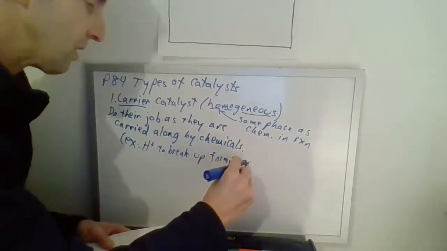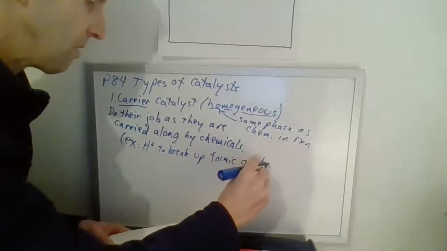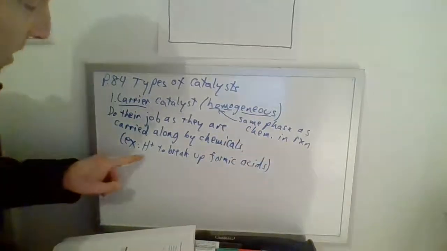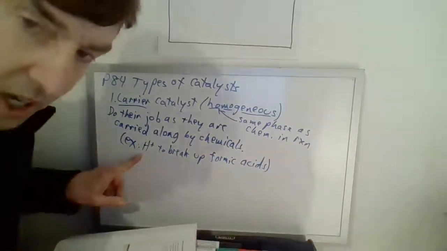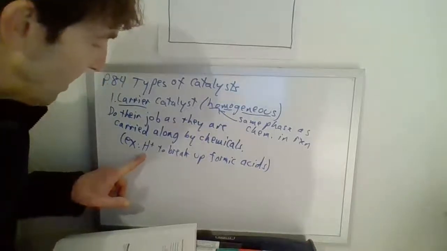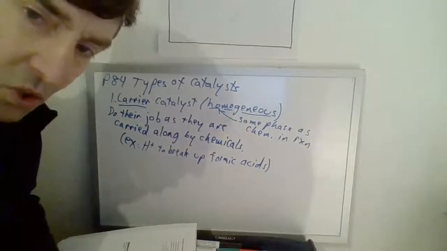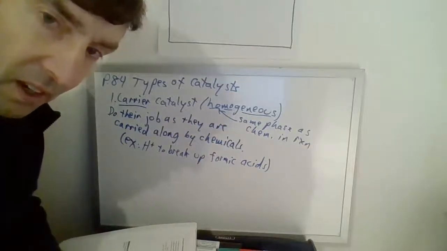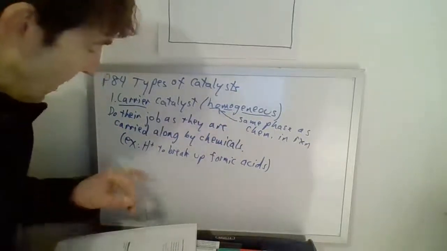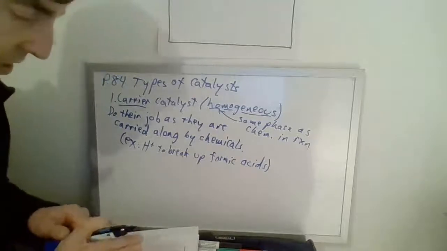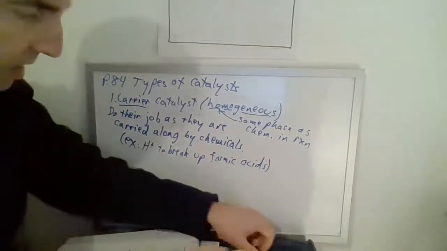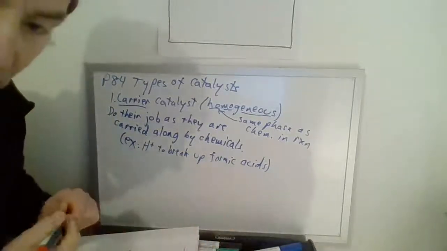The ants contain formic acid. And the H plus is carried along, does its little job, and then at the end of it, it's released again. And it's the same phase, it's aqueous, just like the stuff it's working on in the acid. Okay? All right, so that's a carrier catalyst. So essentially, you've had that kind already.